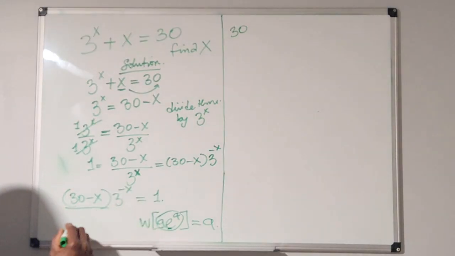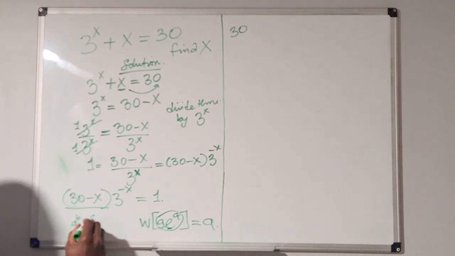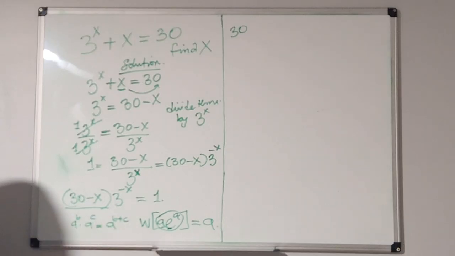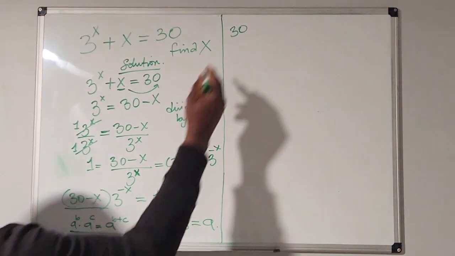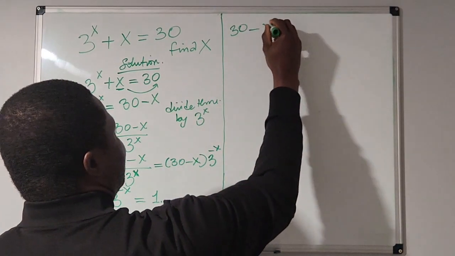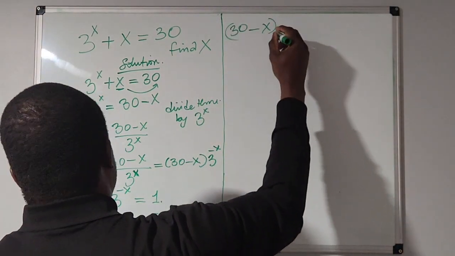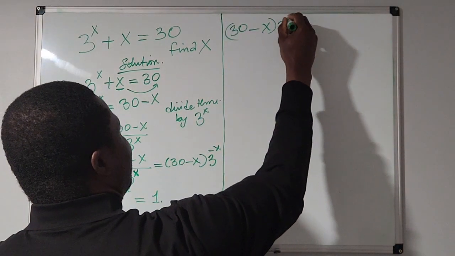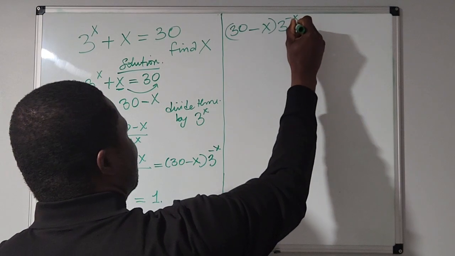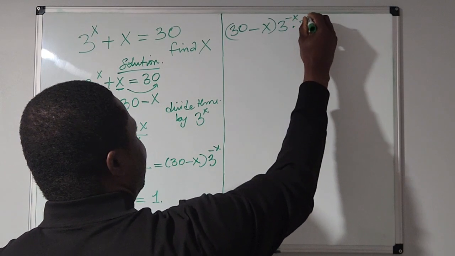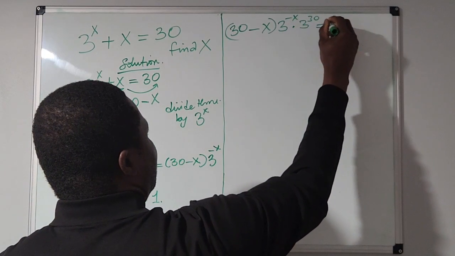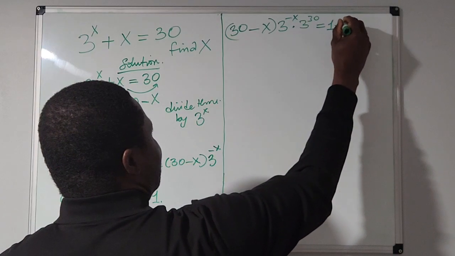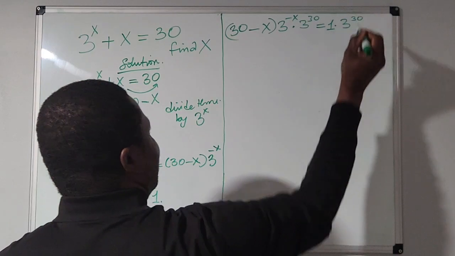Because we know that a raised to power b times a raised to power c is equal to a raised to power b plus c. We know this. So we're going to employ the same thing. And this becomes 3 raised to power minus x times 3 raised to power 30 equals 1 times 3 raised to power 30.